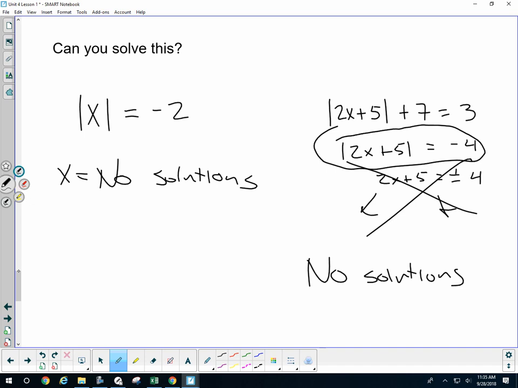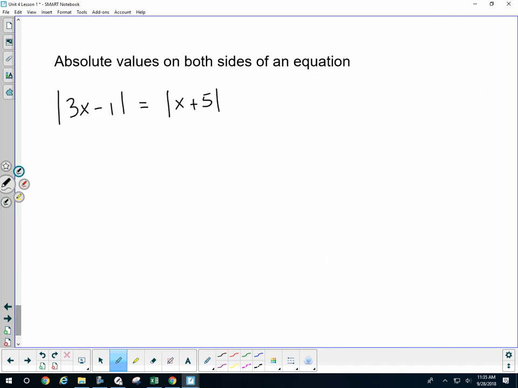Now, what if I have an absolute value on both sides of an equation? Well, originally we could say get rid of the absolute value, make the other side plus or minus. Well, if I get rid of the absolute value here and make the other side plus or minus, I'd have to get rid of the absolute value here and make the other side plus or minus, which means I have a plus or minus on both sides of the equation.